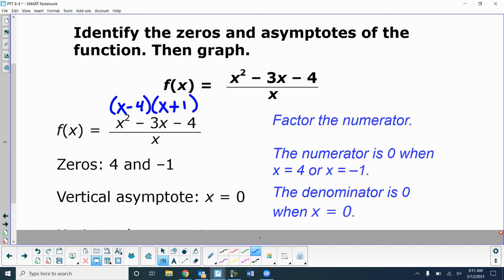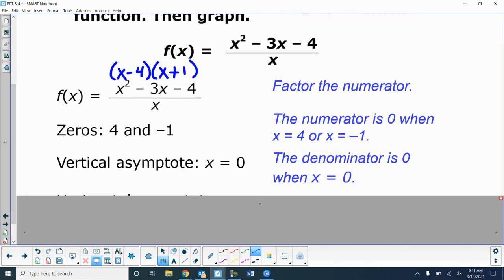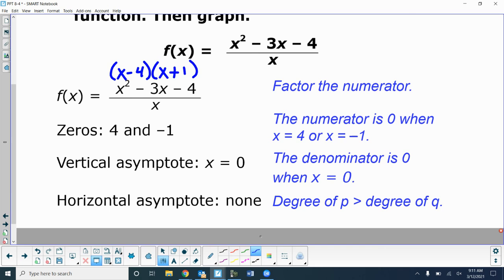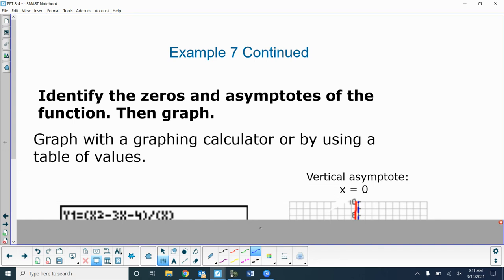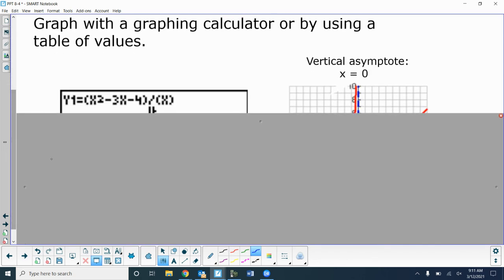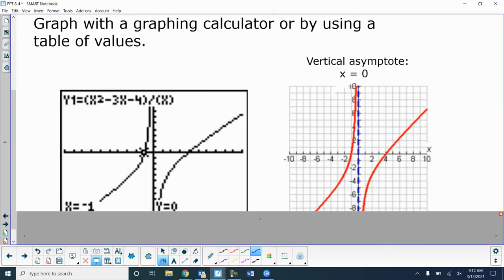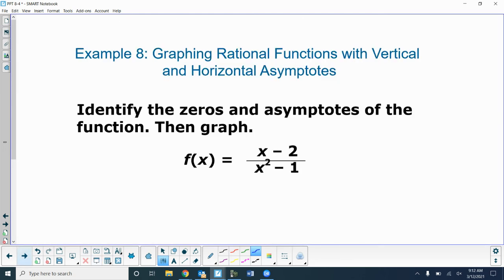If it's just an x like this, it's 0. And there is no horizontal asymptote because the degree of the top, the numerator, was bigger than the degree of the denominator. Okay, graph using the graphing calculator. That's what it looks like. There's no horizontal asymptote.